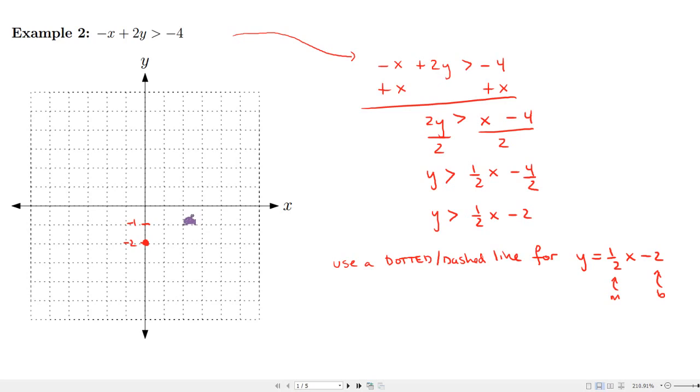Okay, so we're using a dotted line, so we will go through this point, but that point is actually not going to be included, because this is y strictly greater than. Those points are just to help us figure out the boundary of the solution set. None of the points on that line are solutions to this.